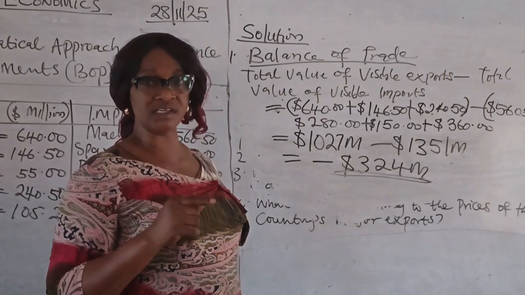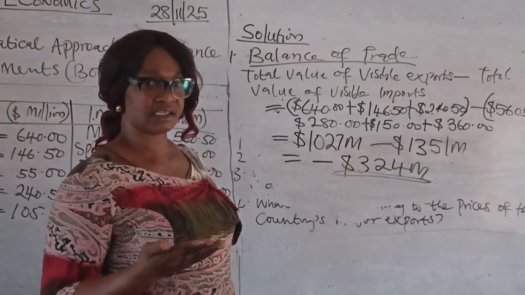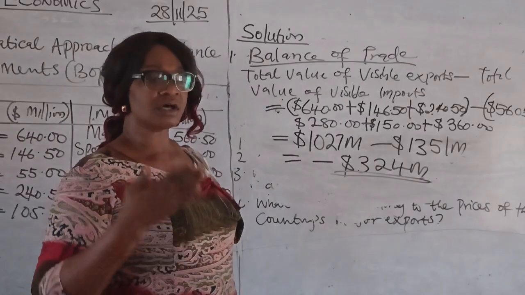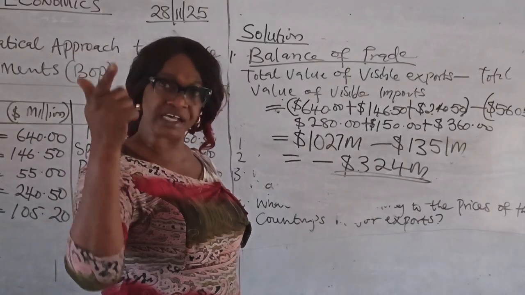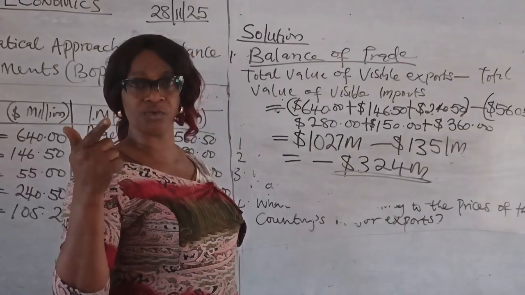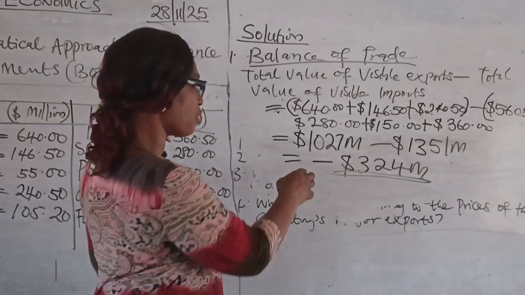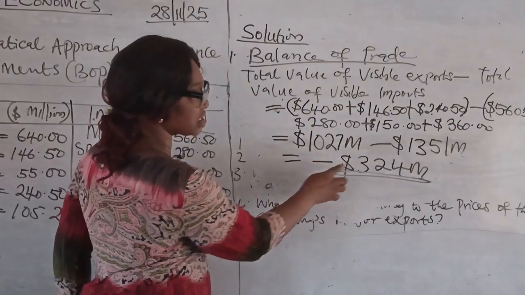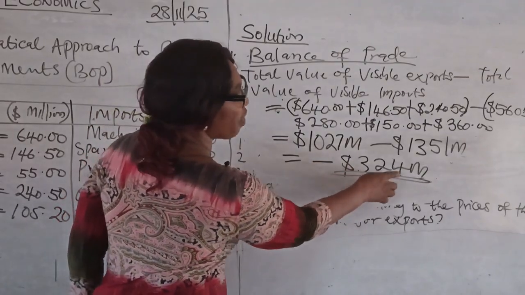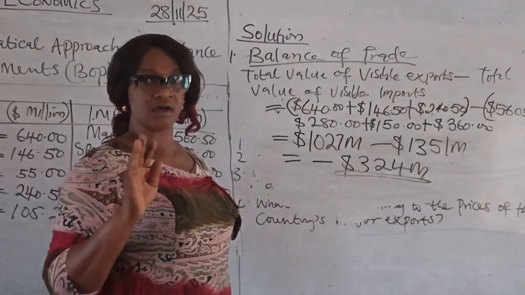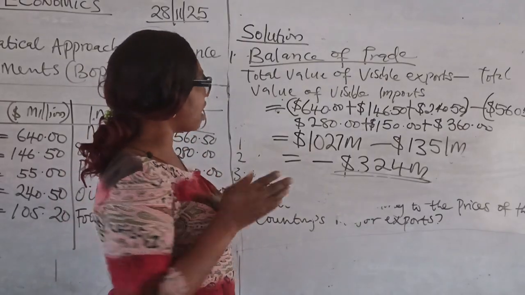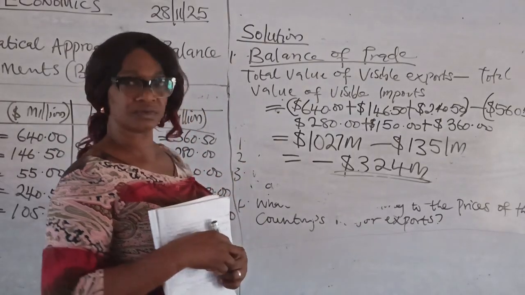Our balance of trade is deficit. Because what we exported to other countries of the world is less than what we imported. That's why we are having minus $324 million. That is our balance of trade.